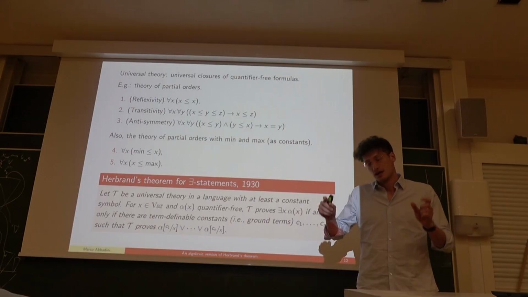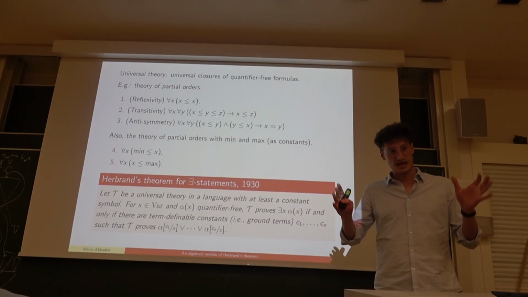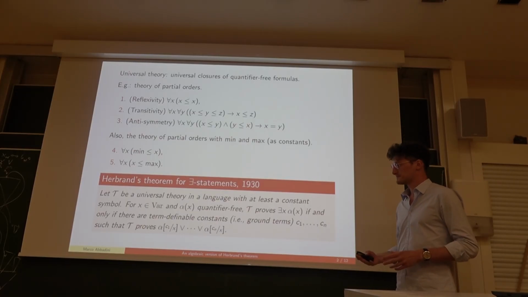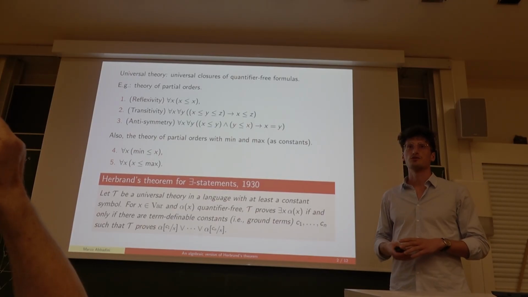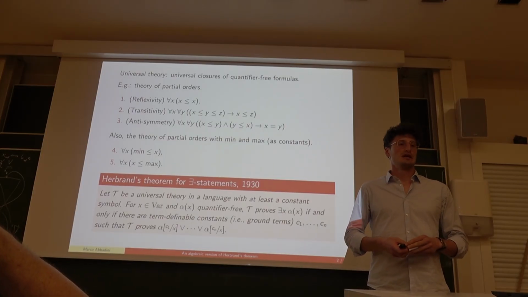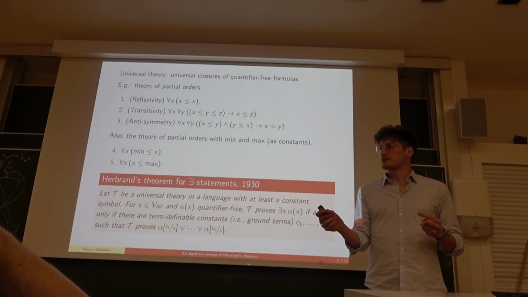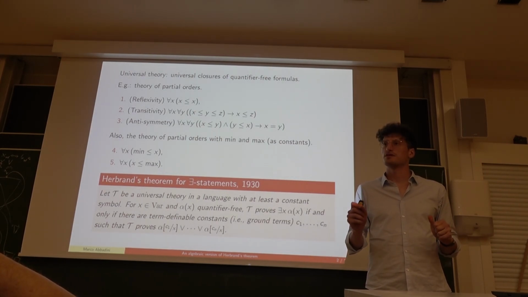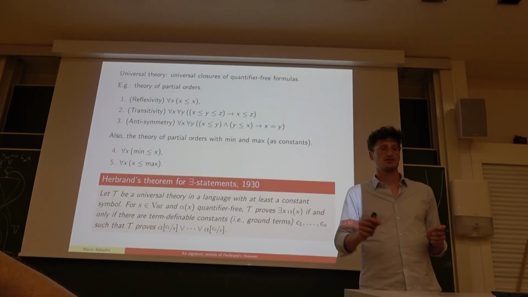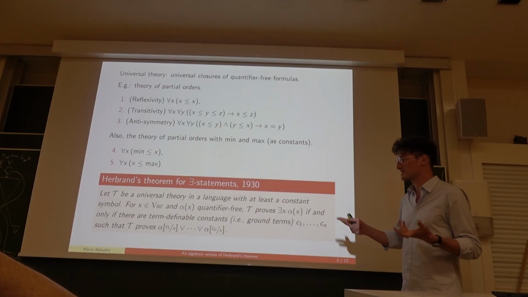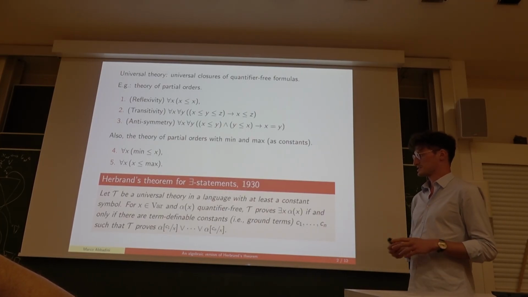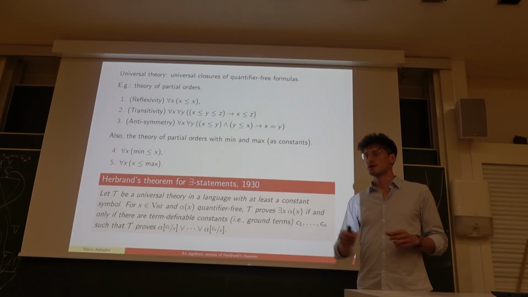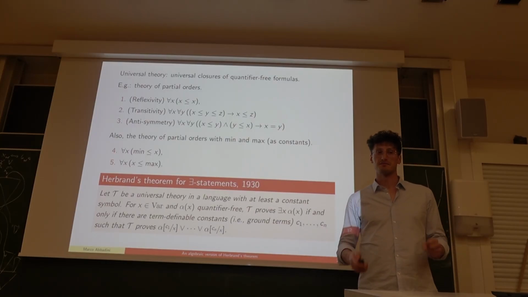Okay, in Herbrand's theorem, let's say in a very simple case for existential statements with one free variable, it says that if T is a universal theory in a language which has at least a constant symbol, and I have a formula alpha(x), quantifier-free, then the theory proves exists x alpha(x) if and only if there are term-definable constants, so ground terms c1, ..., cn, finitely many, such that T proves the disjunction of alpha(ci) with i between 1 and n.